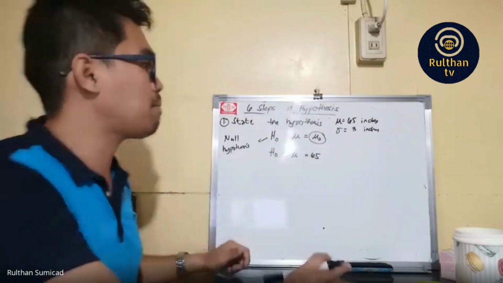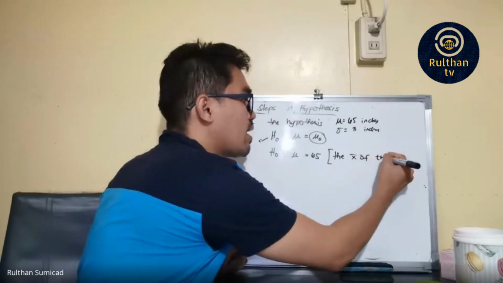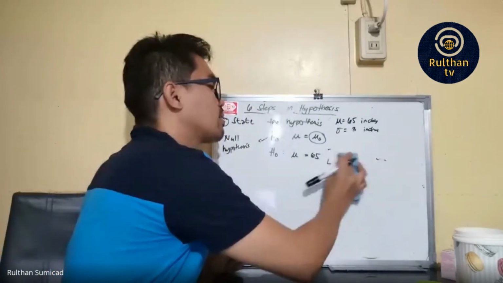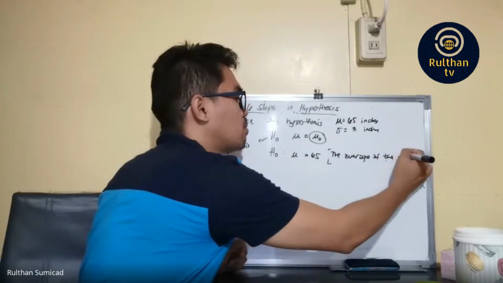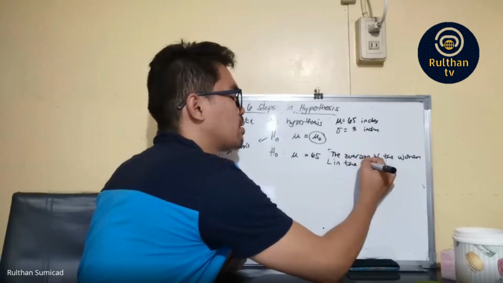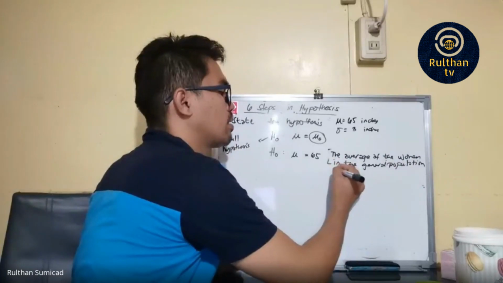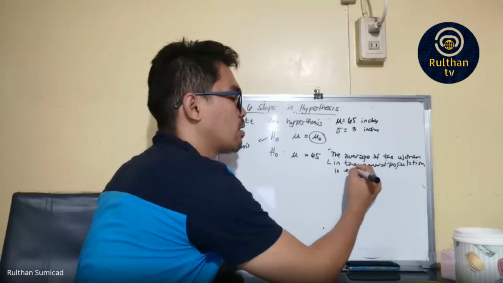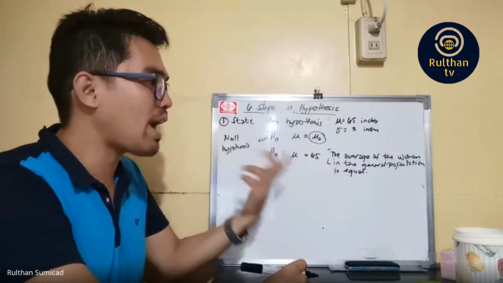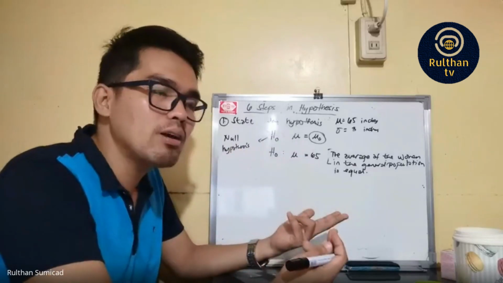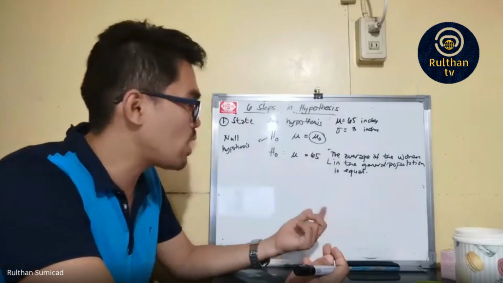So we stated already our null hypothesis, and I'm going to put it here. It says that the mean of the average height is equal. There are several ways you can state that, but basically it simply refers to the average height of the woman in the general population and the woman in the LLD population being just the same or equal.